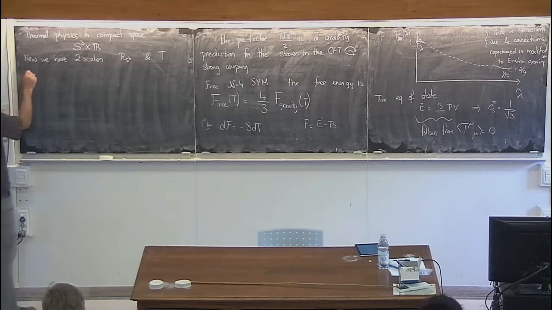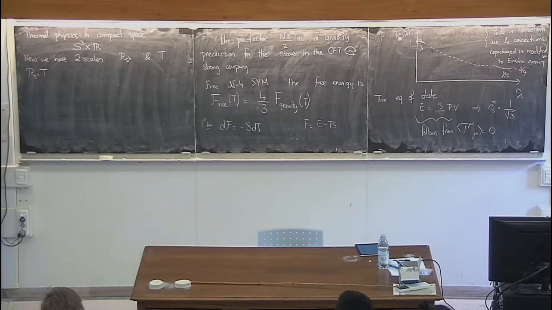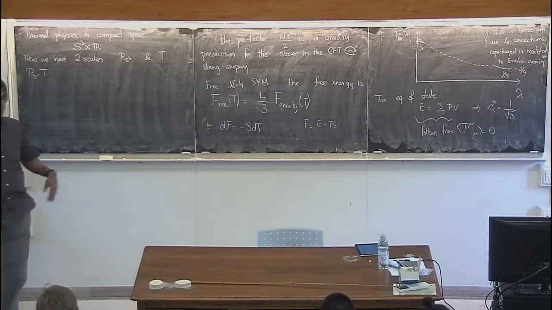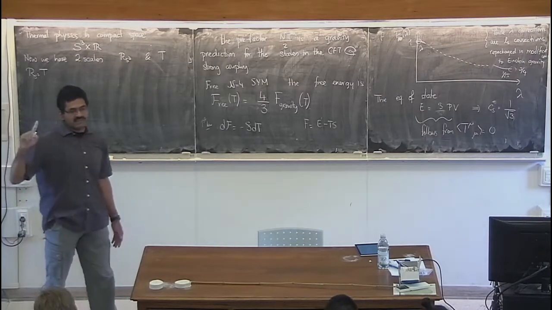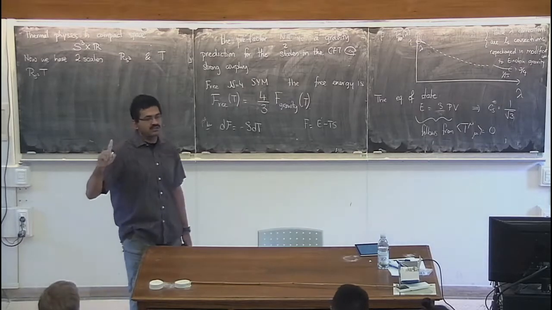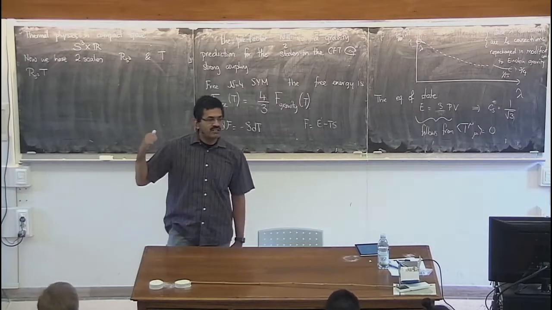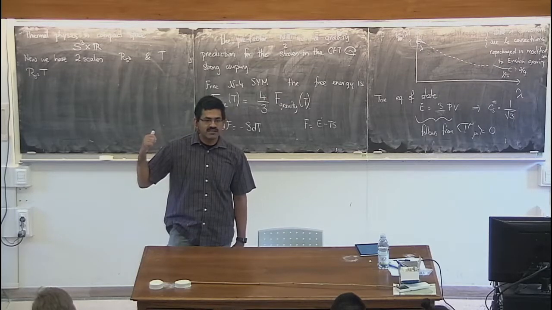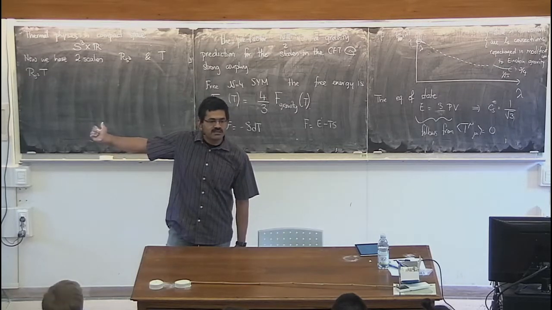So clearly the radius of S3 times temperature is a dimensionless parameter. Even though I have a conformally invariant theory, once I have a dimensionless parameter, I can start having non-trivial dependence on it. So scale invariance doesn't determine the dependence on this parameter anymore.